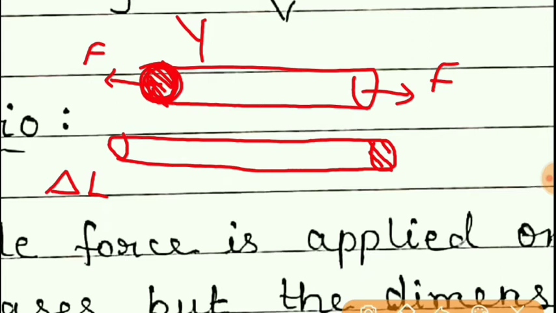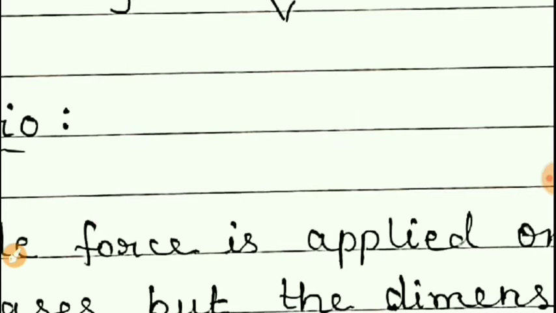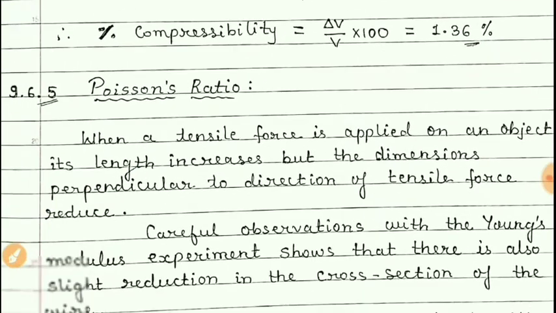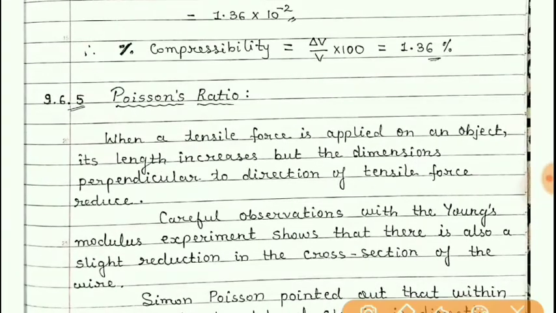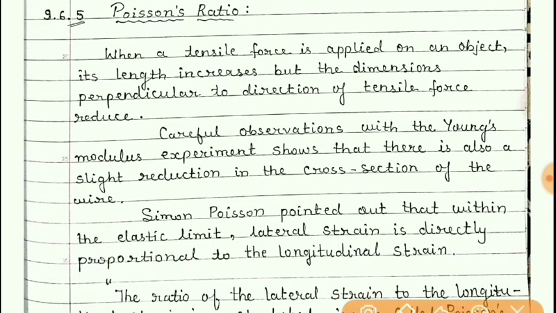But actually, when the wire is stretched, its length will increase and its cross sectional area will decrease. And so here arises Poisson's ratio. And so here it is written that length increases due to the tensile force applied, but there will be a reduction in the cross sectional area.